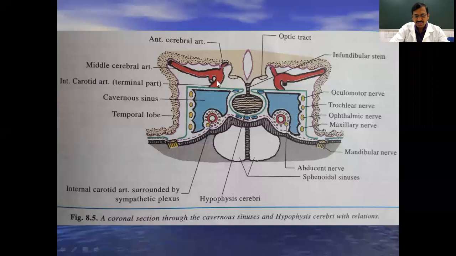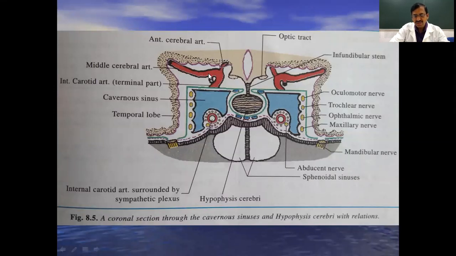Next, another important point is that this bend must be maintained. Here you see, this is the hypophysis, the pituitary gland. If there is a development of pituitary tumors, they are very closely related with the internal carotid artery. Because of this, there is a change in the bend of the carotid siphon. It may be widened.